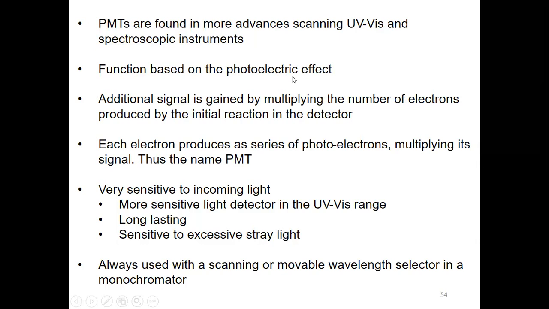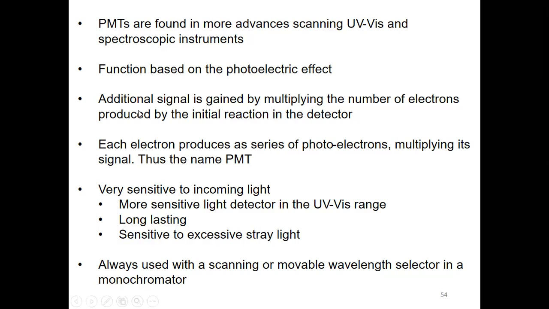So the photoelectric effect: when a photon hits a cathode which is placed in a vacuum, it generates electrons, and then these electrons generate a current. So that is the photoelectric effect.